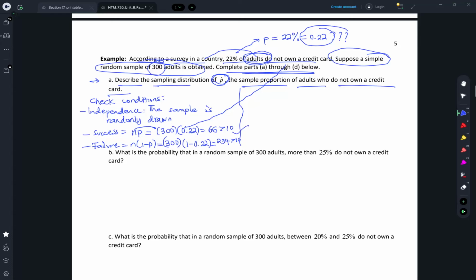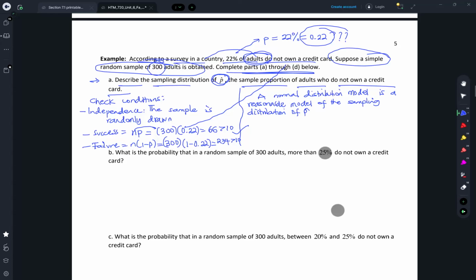With these two conditions satisfied, we can say that a normal distribution model is a reasonable model of the sampling distribution of P-hat.